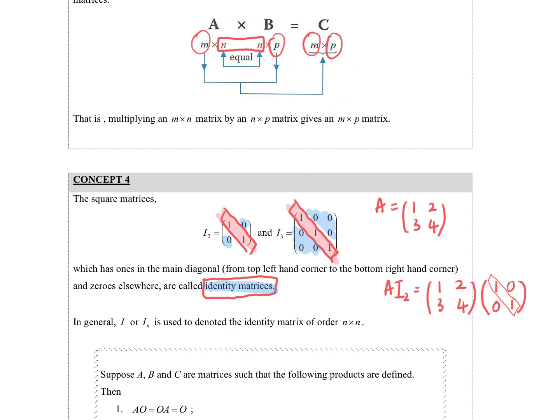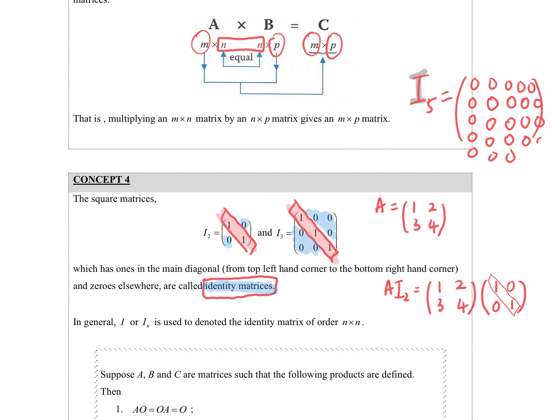So if I write I5, that means I will have 5 columns, 5 rows. Okay, so these are the entries that I have. The only thing to take note of is the diagonal ones are not zeros, they are all 1s. So this is an identity matrix.